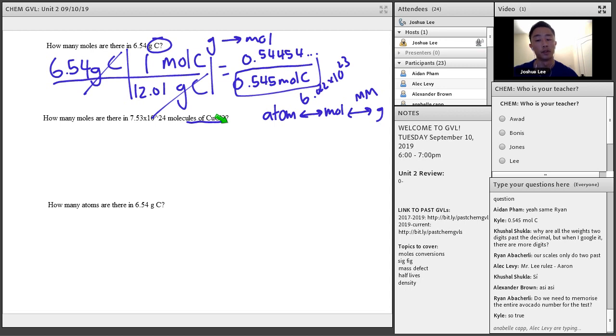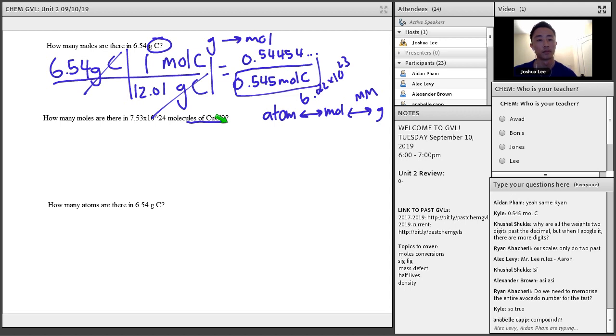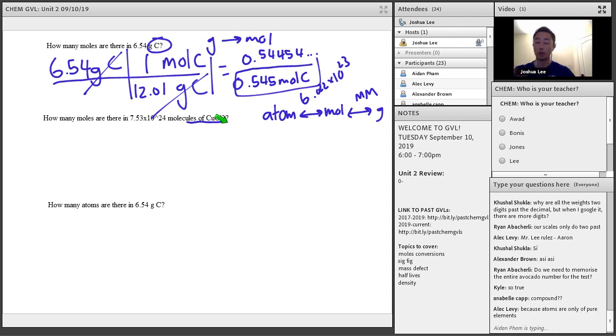Because it's a compound. It's made up of multiple elements. So you can't say copper chloride atom. You have to say it's a molecule. But the work is exactly the same. We just change the word from atom to molecule. Same, same.